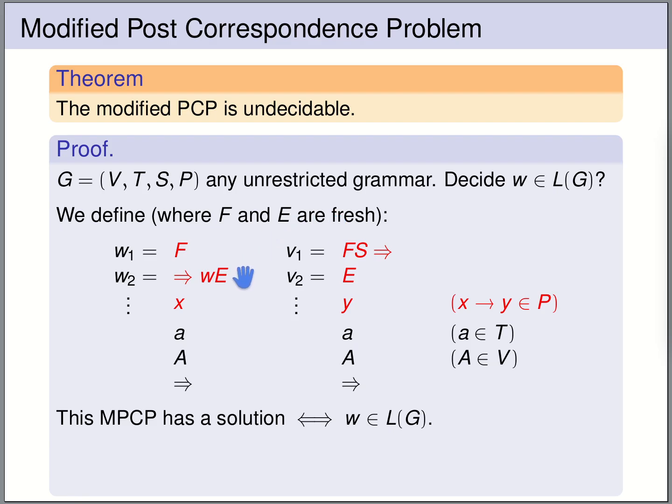The second pair, the left entry is arrow W E, so W is the word that we want to know whether it's in the language of the grammar or not, and the right entry is just E. Then we have pairs X Y for every rule of our grammar X arrow Y. So for every rule X arrow Y, we have a pair X Y in our modified PCP. We have pairs A A for every terminal letter A. We have pairs capital A for every variable A. And we have a pair arrow arrow.